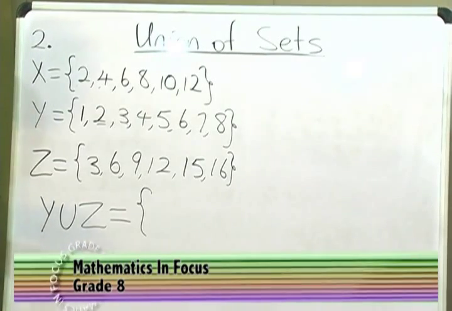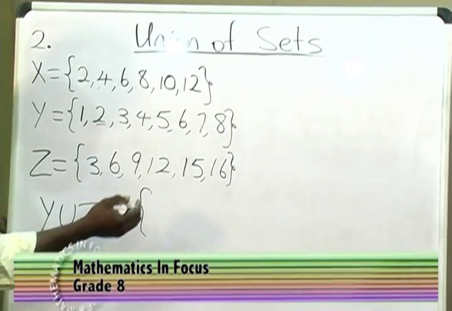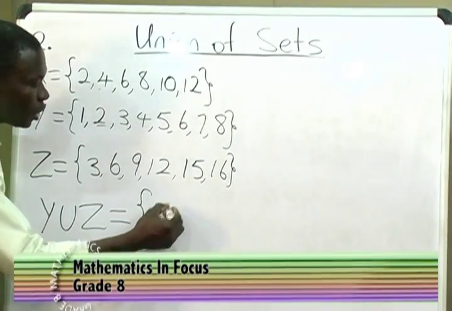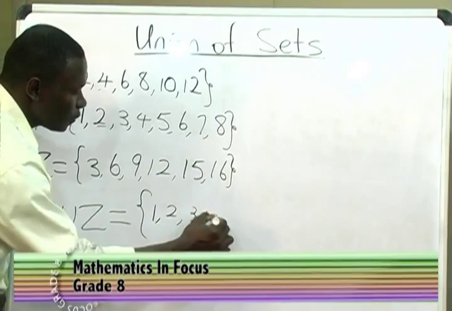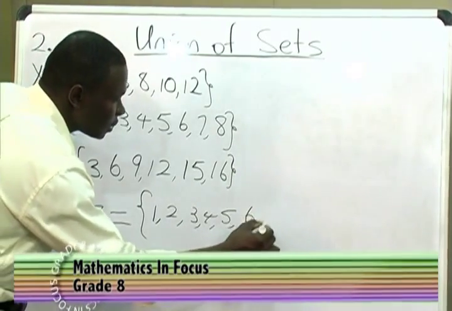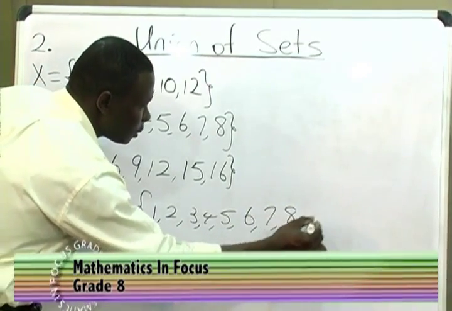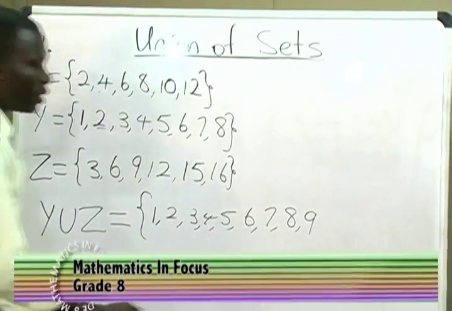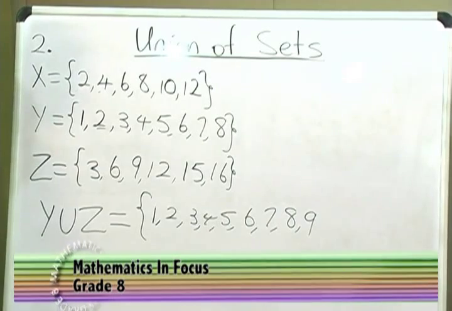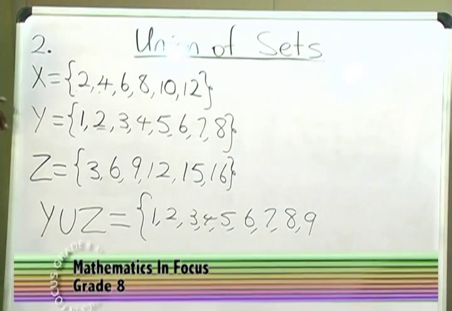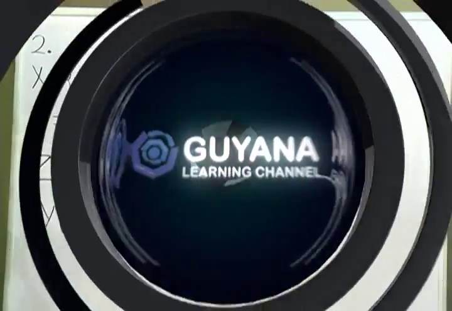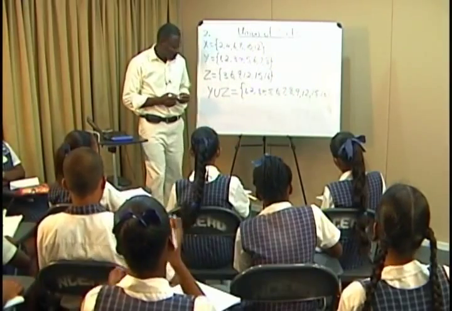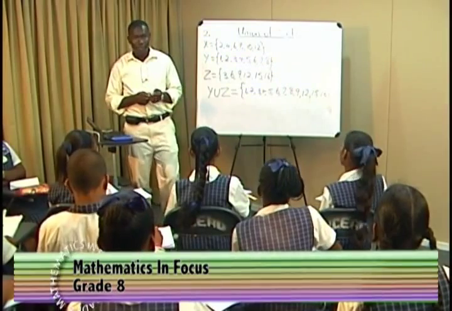Be careful, you say 1 to 16? So we know we're going straight from 1 to 9. Alright, let's go. 1, 2, 3, 4, 5, 6, 7, 8, 9, 12, 16. What about 10? No, sir. Why not 10? 10 is not in either Y nor Z. Good, so we have Y union Z there.